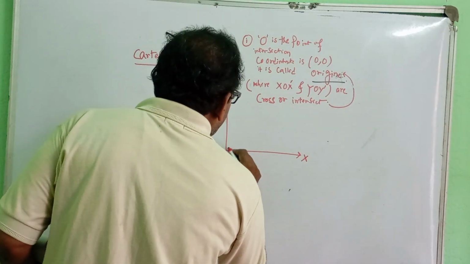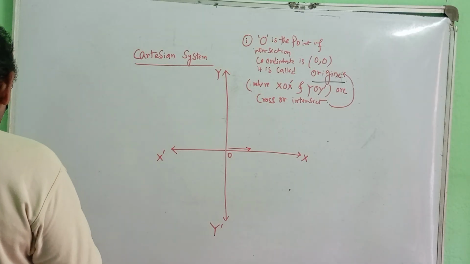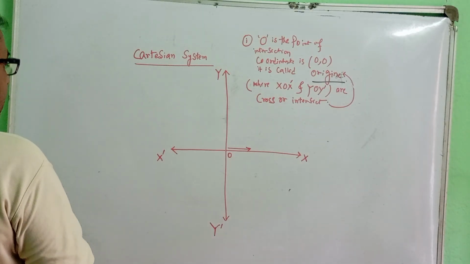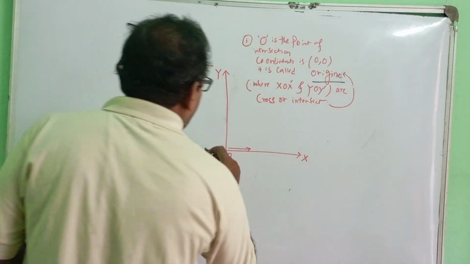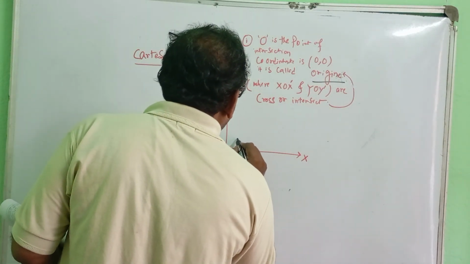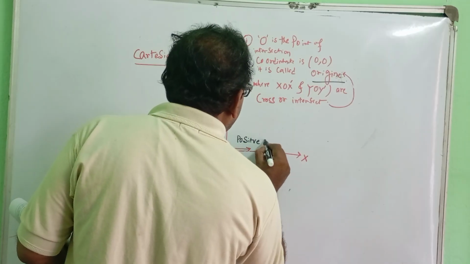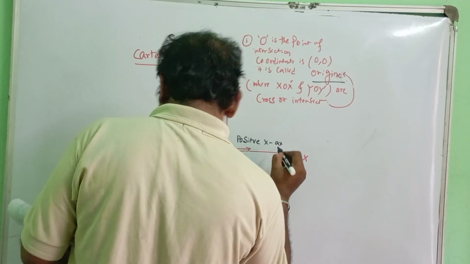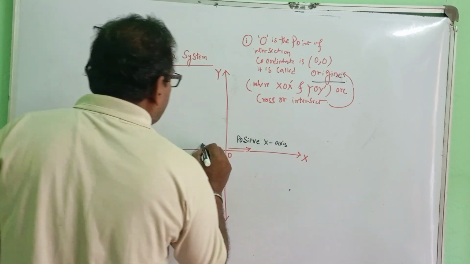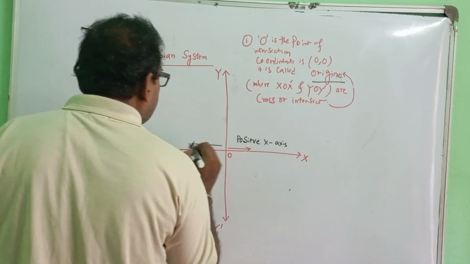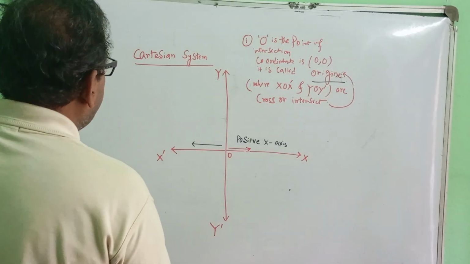Now this portion, as per the number line, is called the positive x-axis. And this part is the negative x-axis.